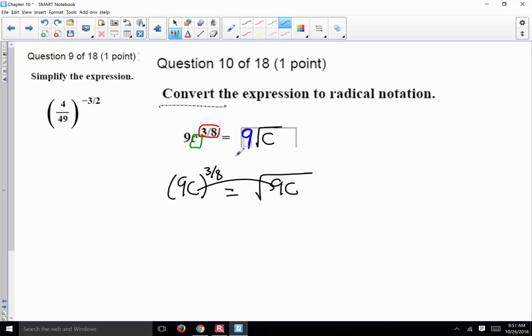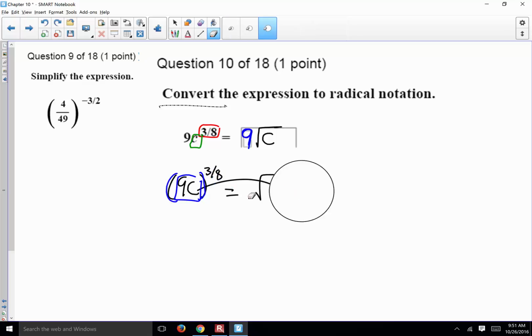Just like negatives, coefficients, numbers in front of variables are independent from the exponent. They are out of the business. They are out of the radical. Do you understand? So when are they in? If you have a parenthesis and they group number and variable under the exponent together, then we put both into the radical. But that's not the case here.